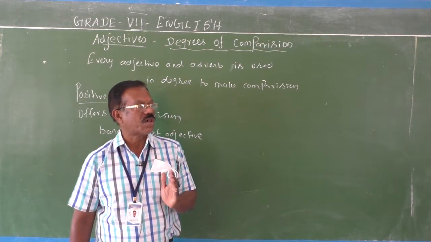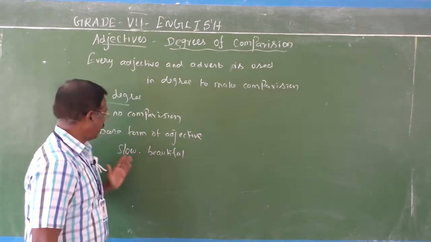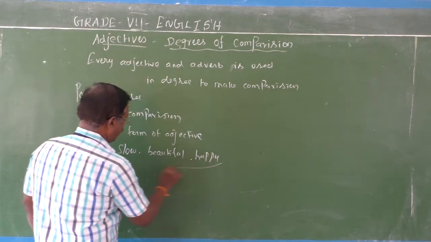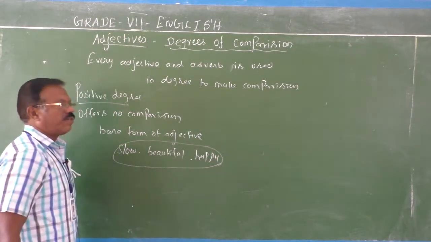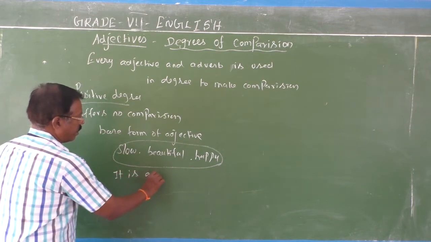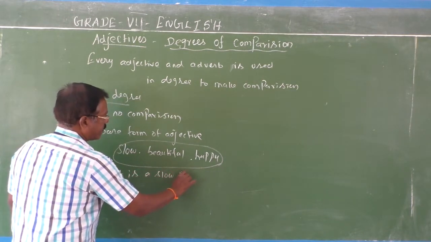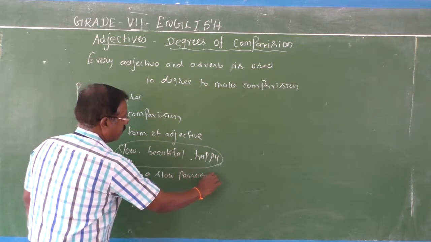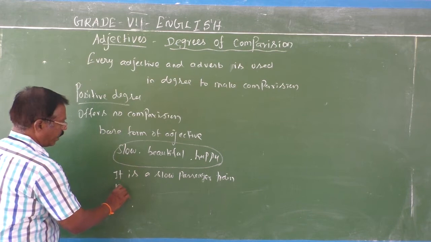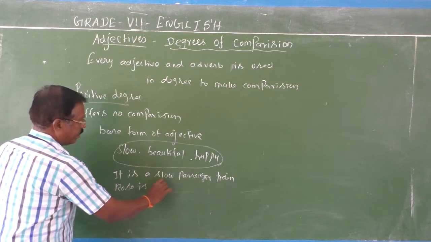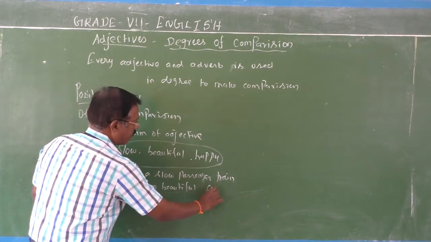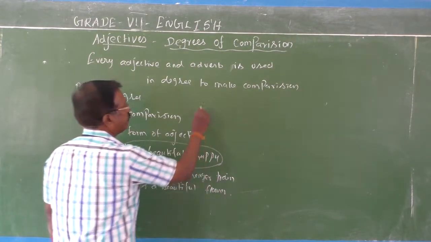So this is also called the base form of adjectives. Slow, beautiful, happy. All these three are adjectives. I would like to write sentences for these adjectives. It is a slow passenger train. Then, Rose is a beautiful flower.